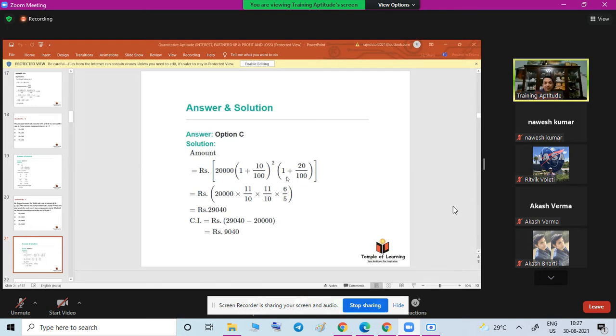Next time it is 1 year, so I add 20%. That's it. 1 plus R upon 100. And when you multiply them, successive compound interest gets taken care of. This is a one-step calculation. But if you want to do it orally, convert it to simple interest. Is this okay? Let's move on.